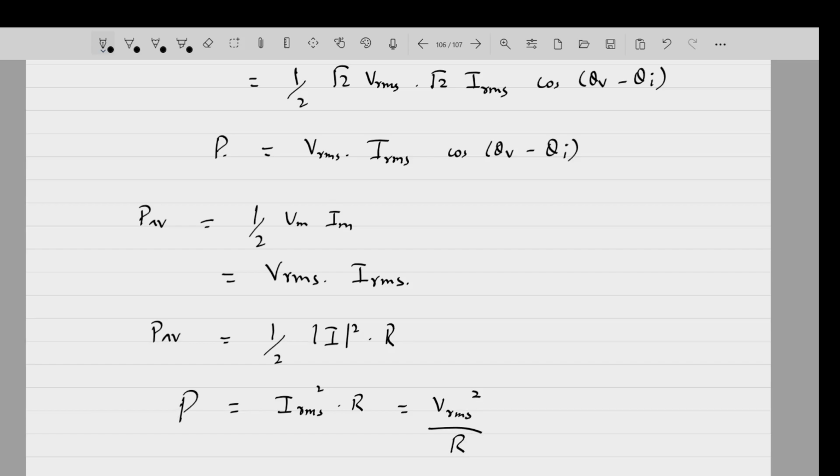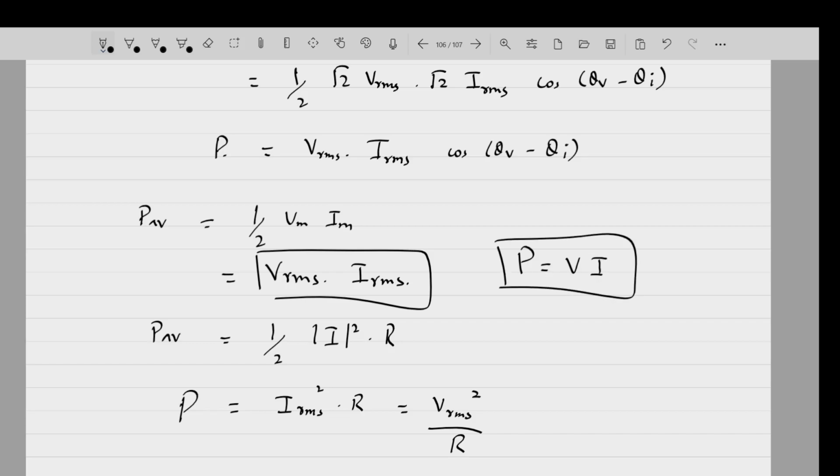So these are the P formulas you have already studied in DC circuits. P is equal to simply V into I. Now which V into I? Vrms into Irms. You will see this formula being used in AC circuits as well. But when we refer to P is equal to VI, or P is equal to I squared R, or P is equal to V squared by R in an AC circuit, which values of V and I are we talking about?